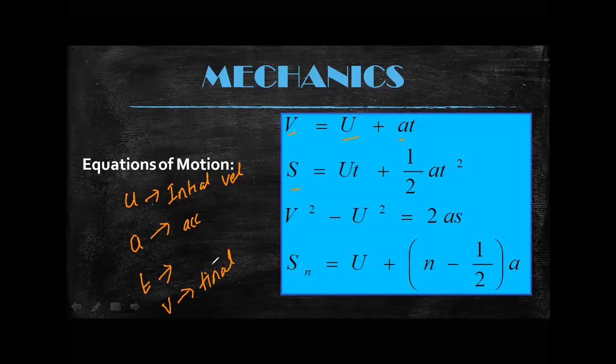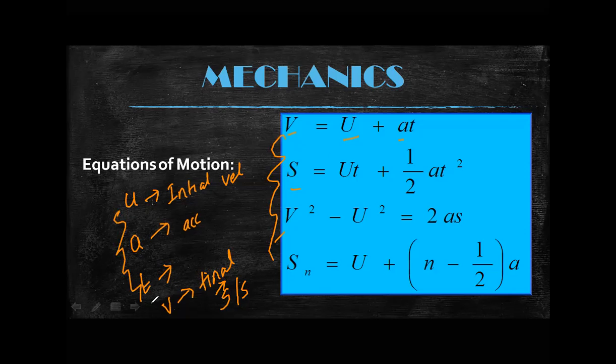Whenever the object moves from A to B, it travels the displacement S. Sometimes we call it distance, sometimes displacement, depending upon the situation. Displacement is a vector quantity. Distance is a scalar quantity. So these four equations basically involve these four parameters.